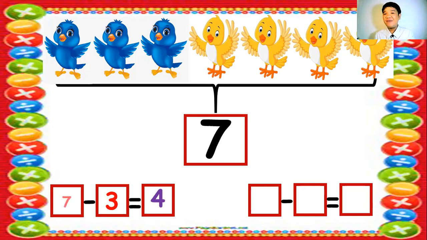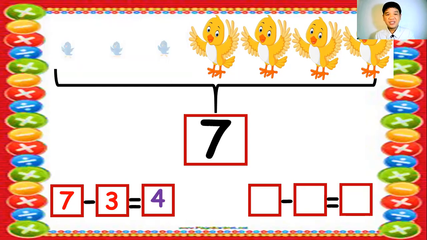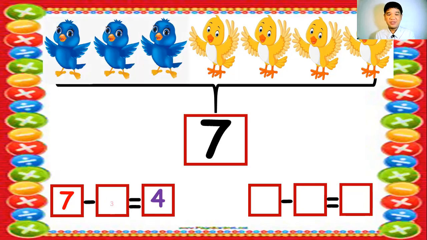So we have 7 minus, what would be our subtrahend? Since I am looking for the number of yellow birds, we have to write the number of the bluebirds. So that is 3.